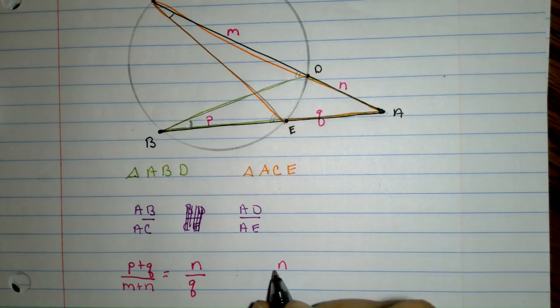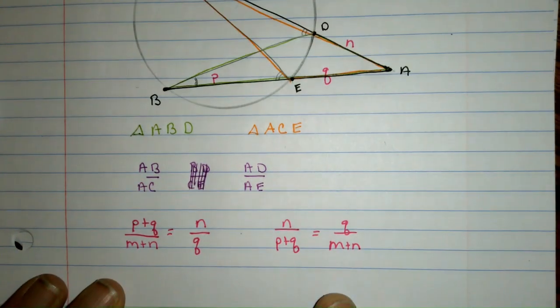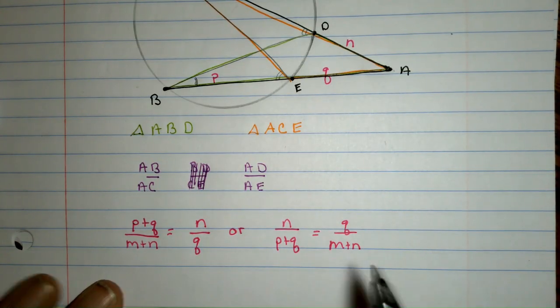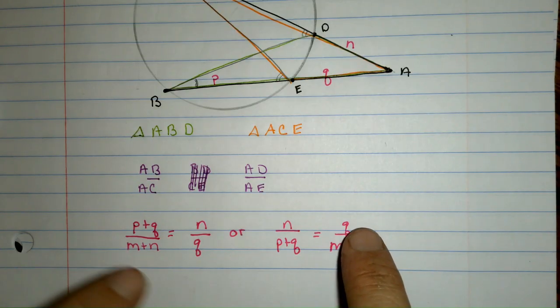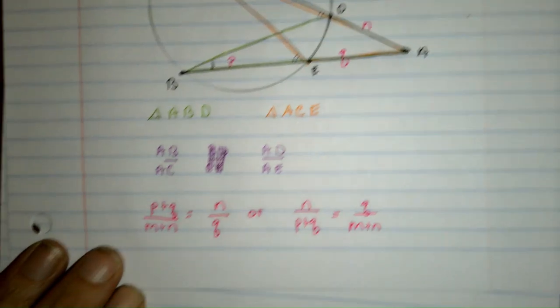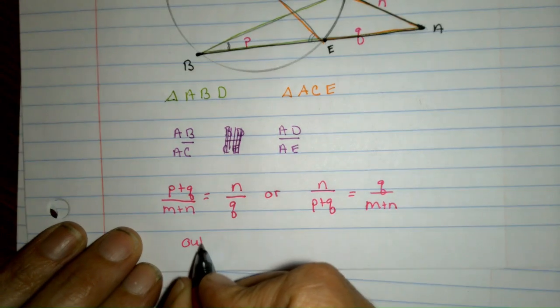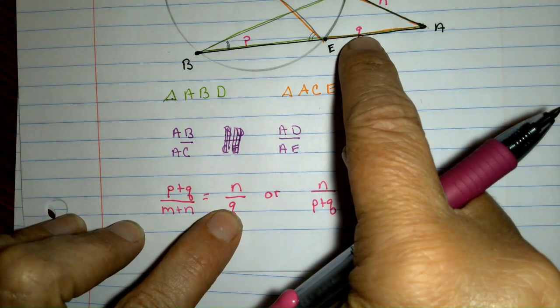They've done N is to P plus Q as Q is to M plus N. And if you check out the cross products of those, you're going to be multiplying the N times the M plus N. You're going to be multiplying the Q times the P plus Q. So either way of writing is actually correct, but it's the outside. Q would be outside, right?